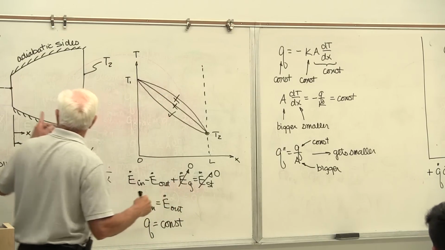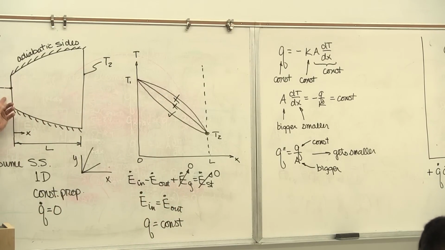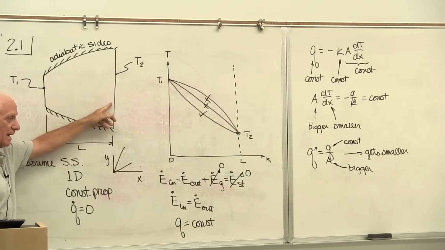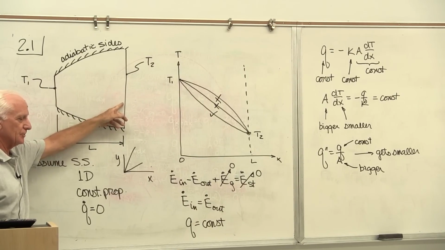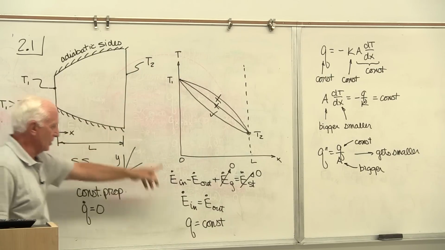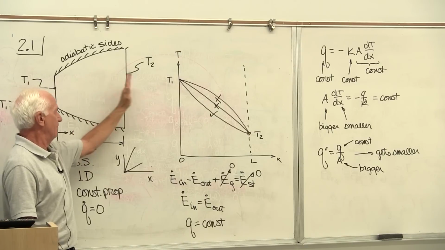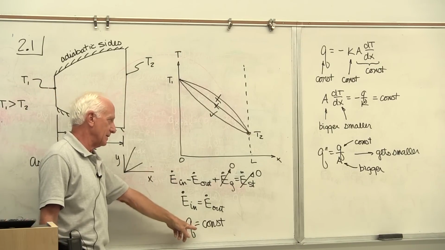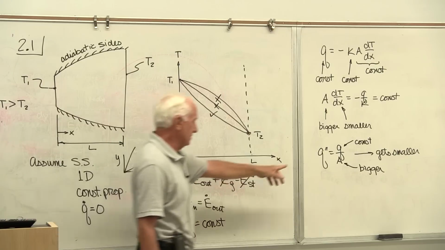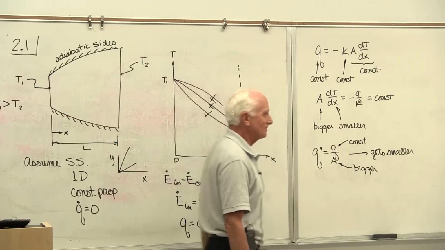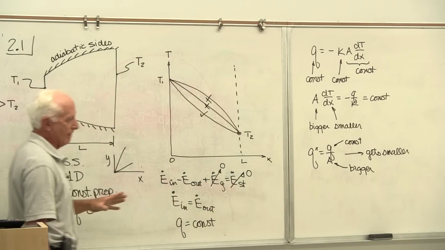If I've got 50 watts here divided by a small area, and 50 watts here divided by a big area, yes, Q double prime gets smaller as x increases. Q, though: 50 watts in here, 50 watts crosses here, 50 watts crosses here. It stays constant. Q stays constant. Q double prime gets smaller, and the slope dT dx gets smaller. A lot of stories in there.